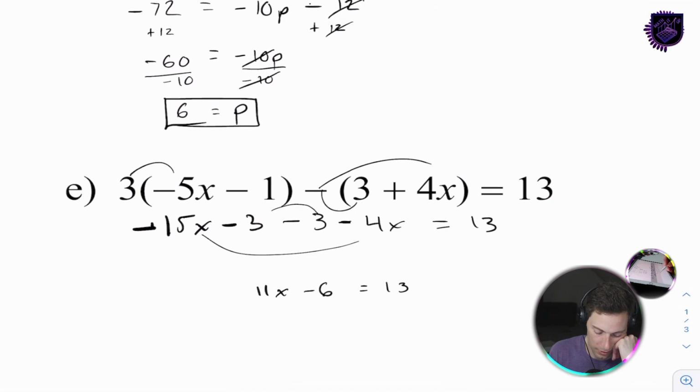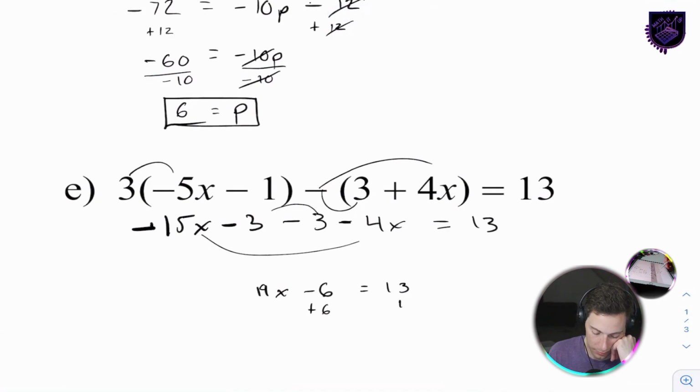And you combine this negative 19x minus 6 equals 13, plus 6 on both sides, cancels. 19x is equal to 19. Divide by 19, divide by 19, x equals 1. Tricky.